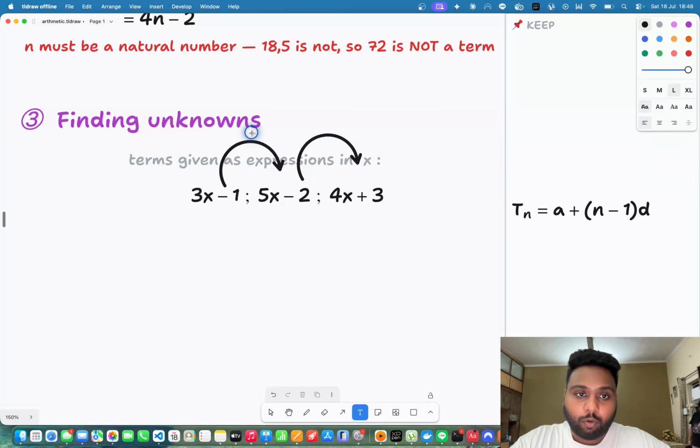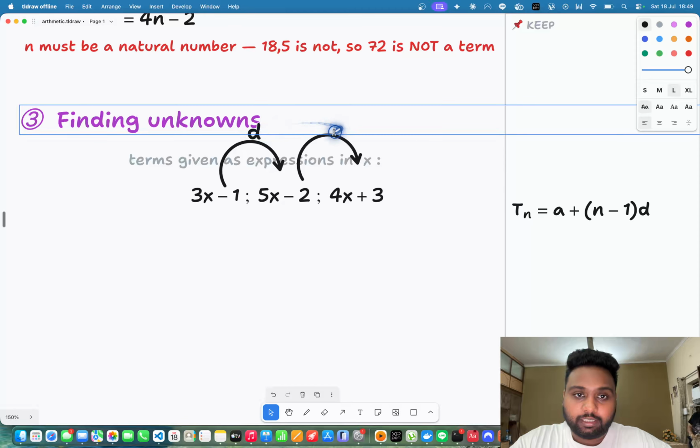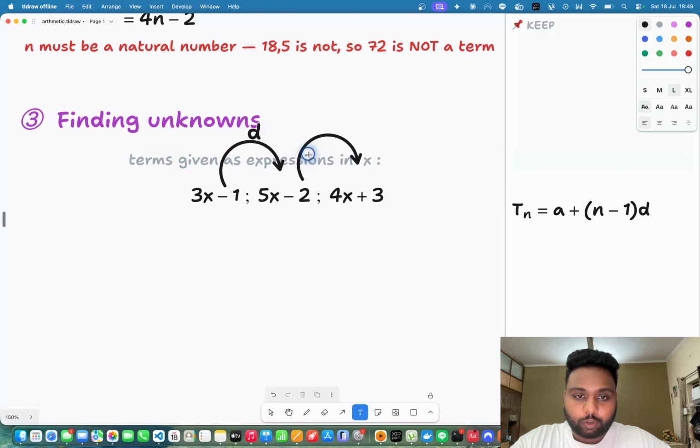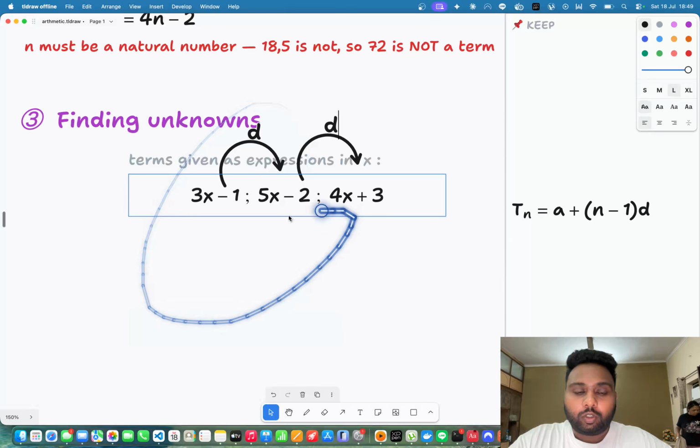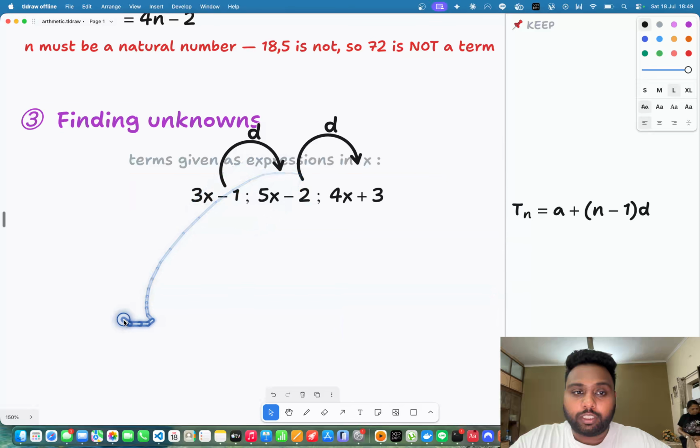So this is going to be D, and this is also going to be D, and this is also going to be D. So can we form an equation using this?